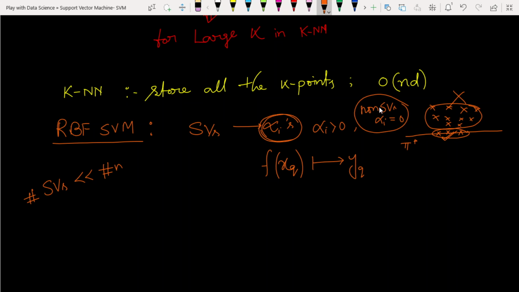So if alpha equals 0, then this function f of x_q is simply 0.